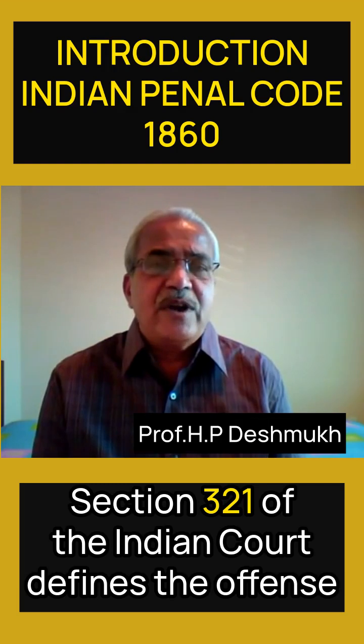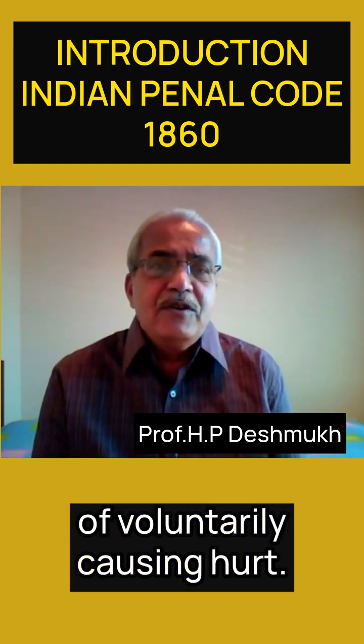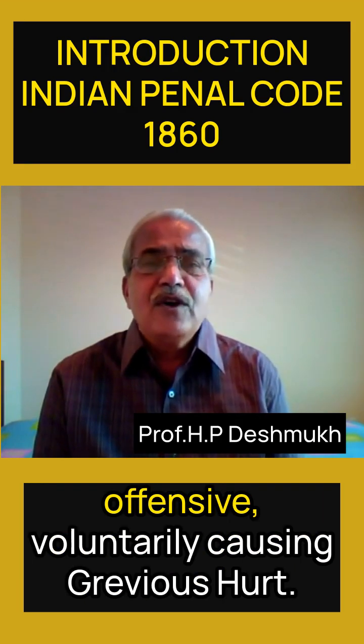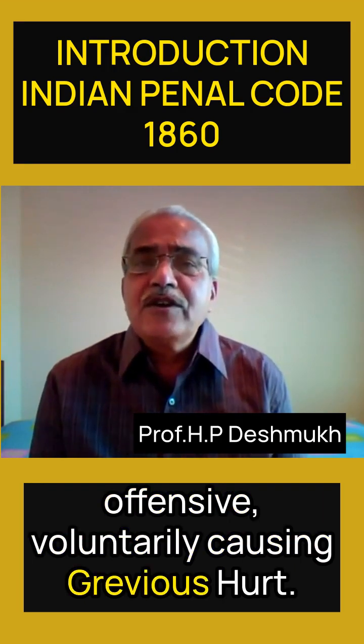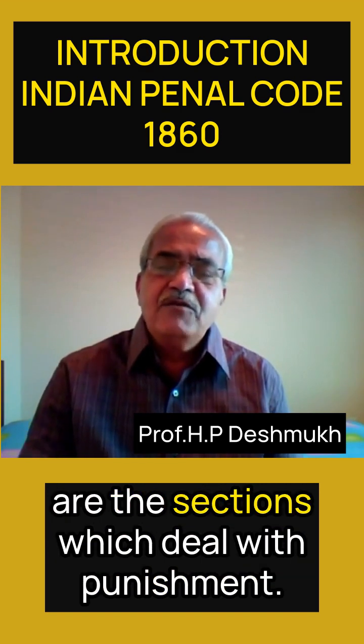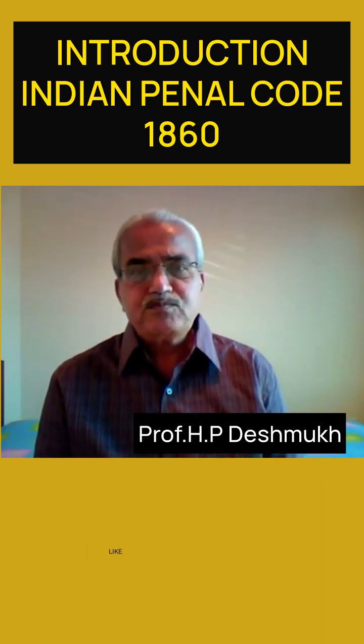Section 321 of the Indian Penal Code defines the offense of voluntarily causing hurt, whereas section 322 defines the offense of voluntarily causing grievous hurt. Right from section 323 up to section 338 are the sections which deal with punishment.